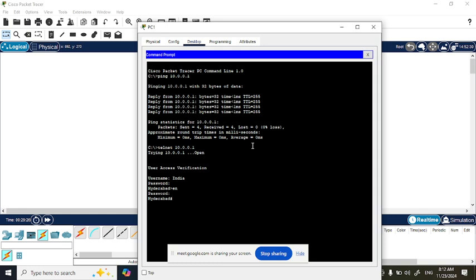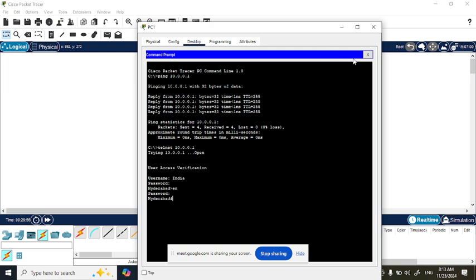If you want to give either telnet or SSH access to a remote computer, only configure SSH by enabling transport input all, transport input none, transport input SSH, or transport input telnet. Only by changing this command we can give the access according to our priority.